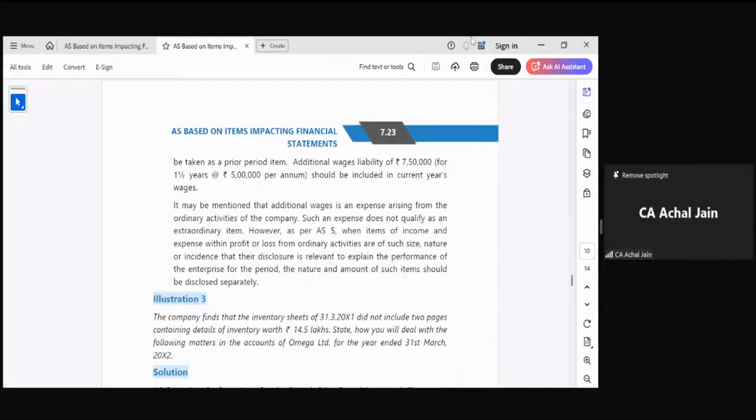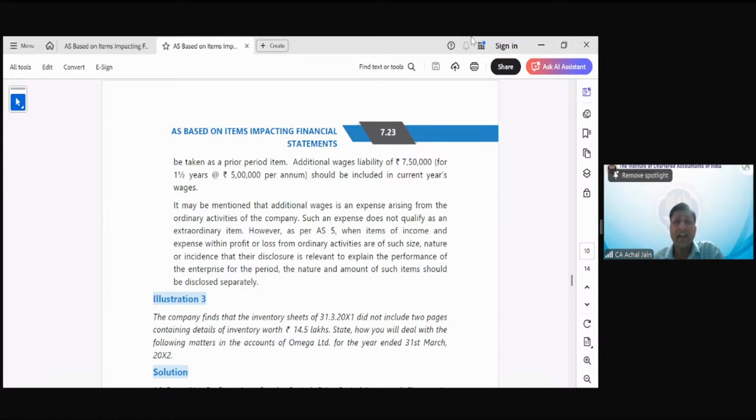Will that law require any change in accounting requirement? Is that the question? Okay, so if a law requires a change in accounting treatment, then the company will have to change the accounting policy. So then you'll have to give the disclosure of changes in accounting policy.